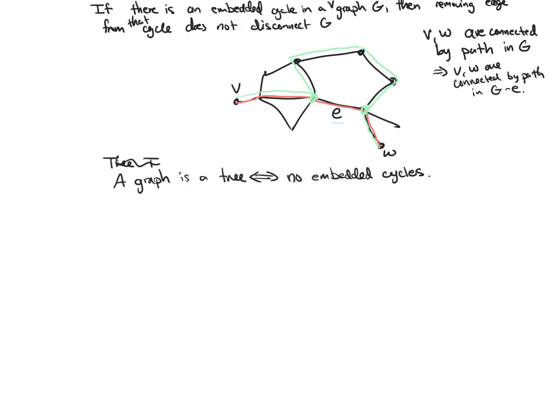In other words, a connected graph is a tree if it has no embedded cycles. The usual picture that we have of what a tree can possibly look like is accurate. The key thing, if you're drawing the picture, is that you don't see any loops that you can just cycle around.